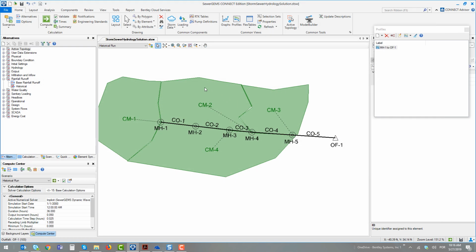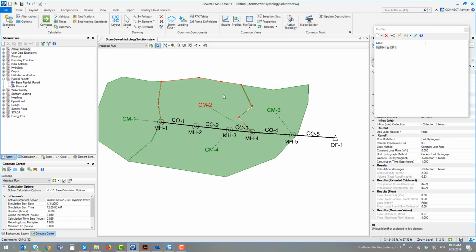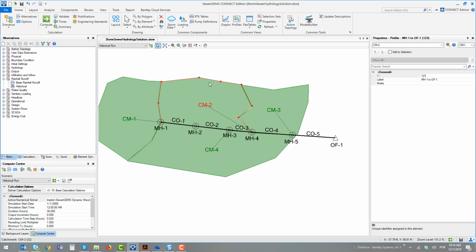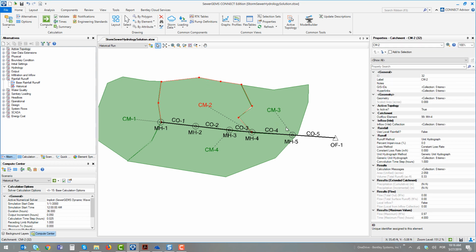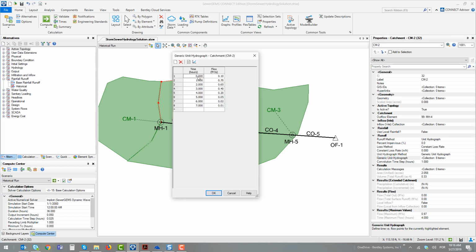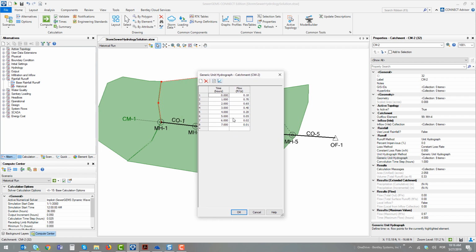In this exercise, we also learned how to define a hydrograph based on a generic unit hydrograph. We created a curve where we defined the hydrograph ourselves. So in this way, we don't need to model a loss rate.